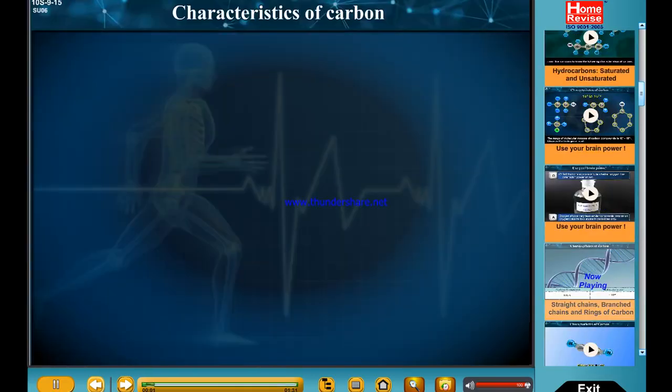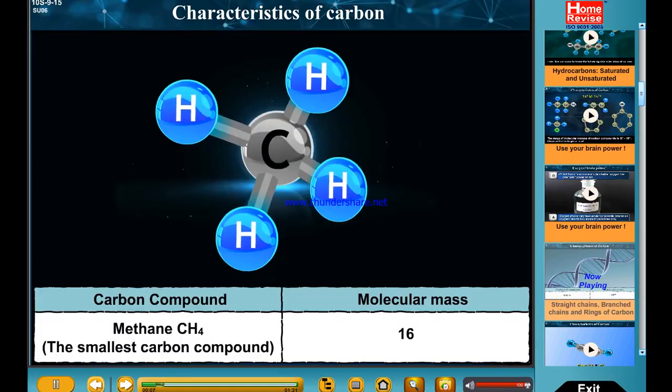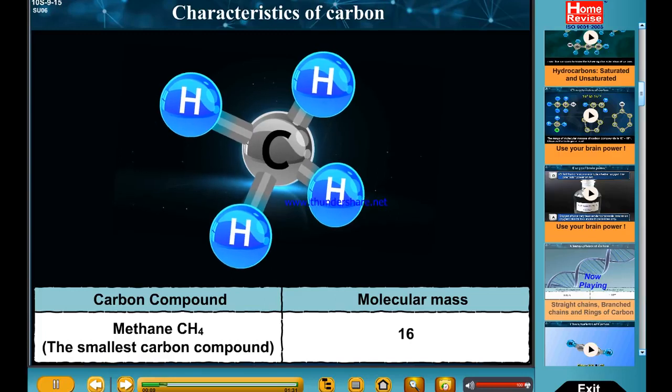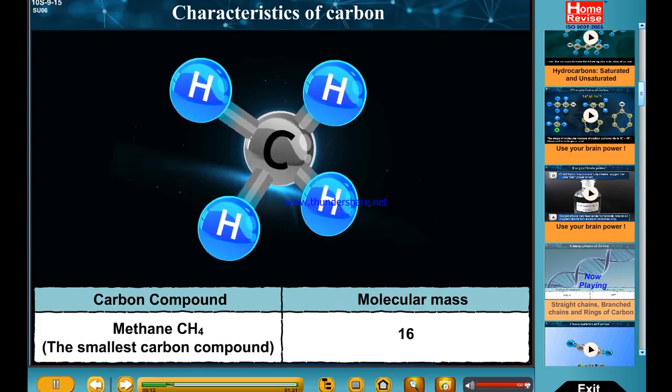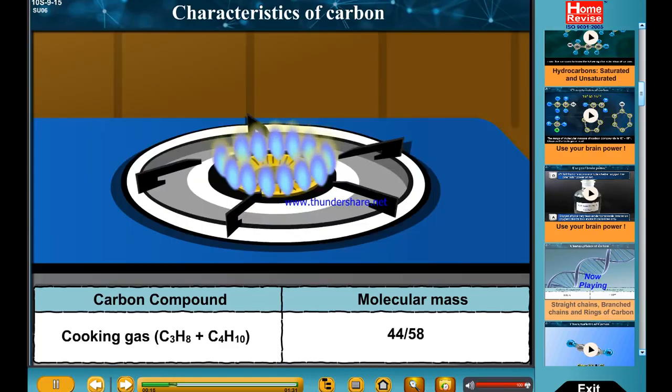Here's a table showing carbon compounds and their molecular masses. Methane, CH4, the smallest carbon compound, has a molecular mass of 16. Cooking gas, C3H8, has molecular mass 44 and C4H10 has molecular mass 58.